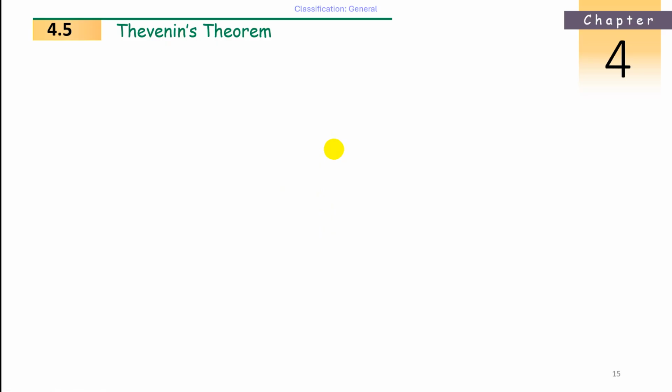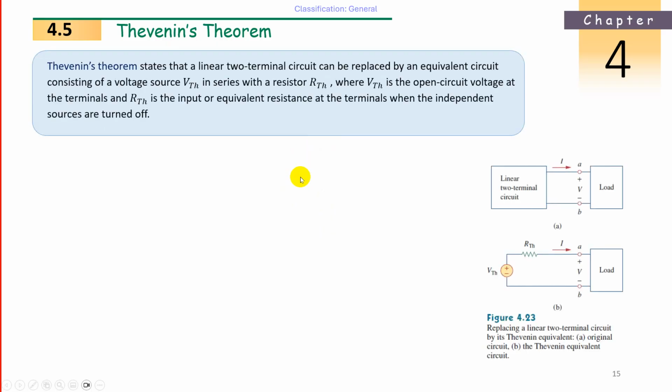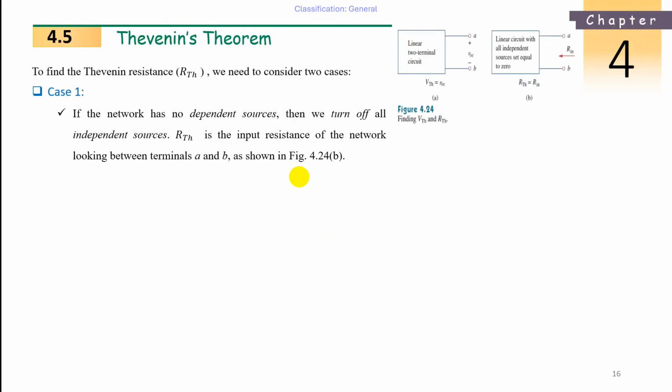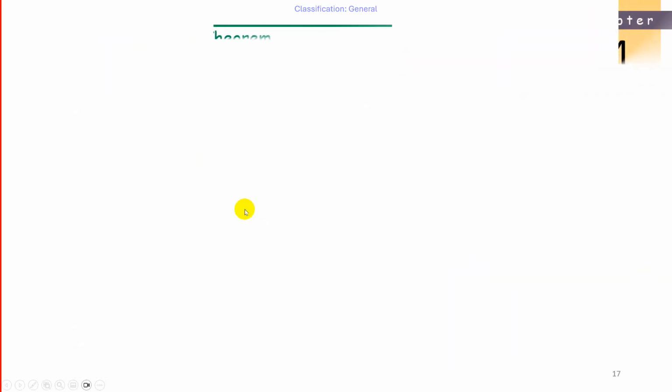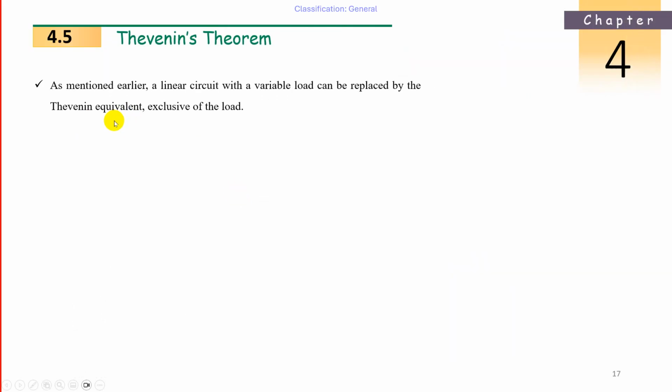Thevenin's theorem, the theory topic, I already finished in the last class, so I will just revise it in one or two items. As per the definition, a linear circuit with a variable load can be replaced by a Thevenin equivalent exclusive of the load, meaning you have to remove the load resistance and replace it with a Thevenin equivalent circuit.